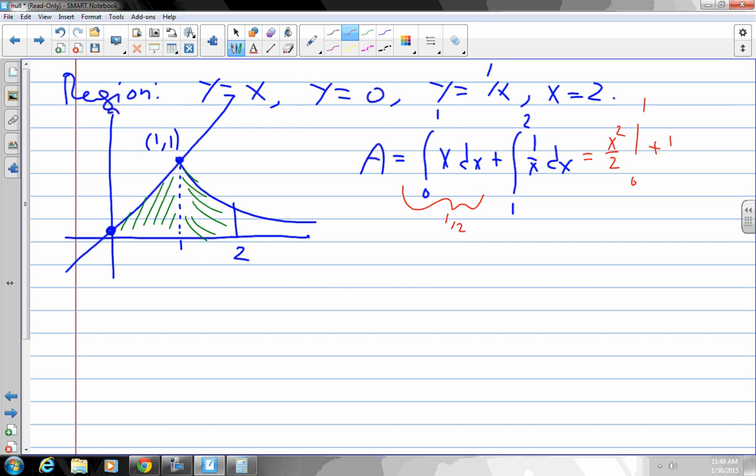And the other one is natural log, right? From 1 to 2. So we're getting 1/2 minus ln of 2. Because when you plug in 1 into ln, you get 0. So plus. Yeah, plus. There we go.